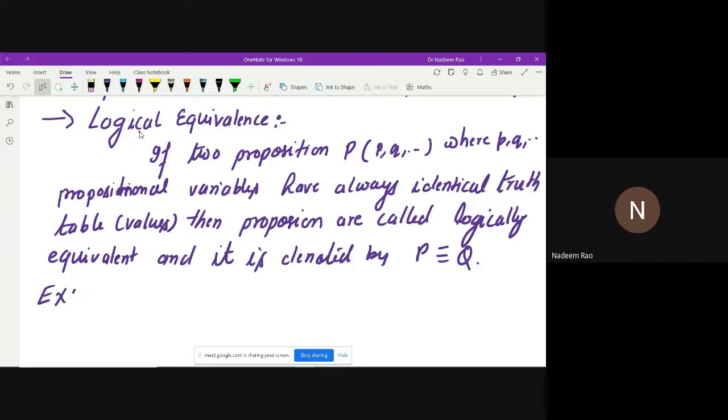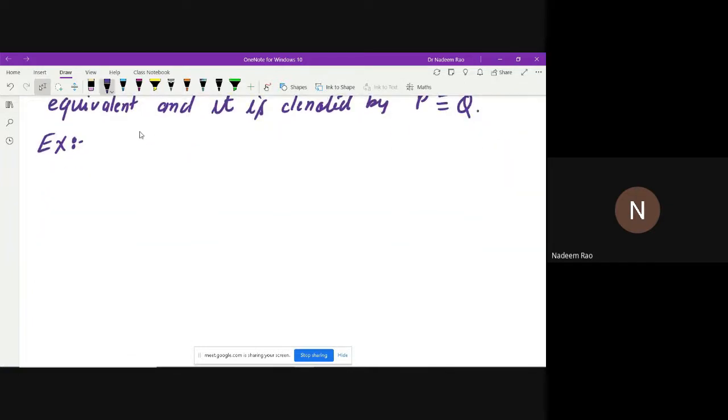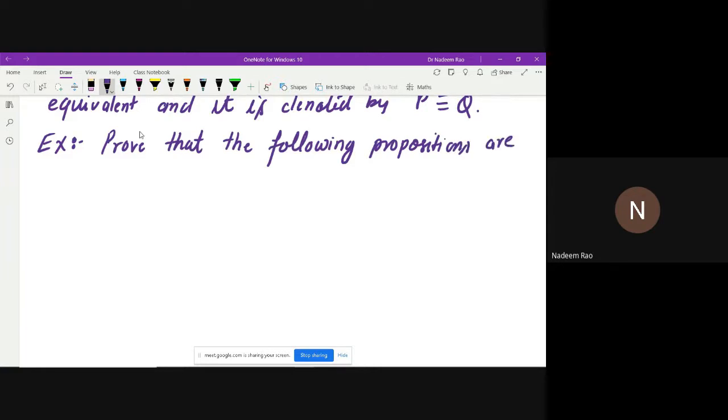For example, prove that the following propositions are equivalent to each other.